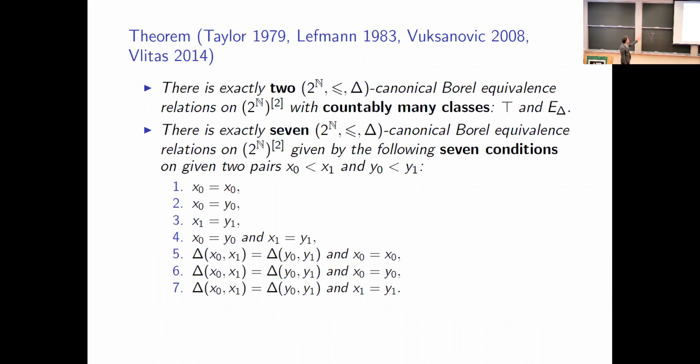This is the list from the last paper of Lütas. Lots of previous attempts. Okay, so Taylor was the first, who gave the first equivalence relations with countably many classes. There are two, right? With countably many equivalence classes, either the trivial one or an equivalence relation given by a distance.